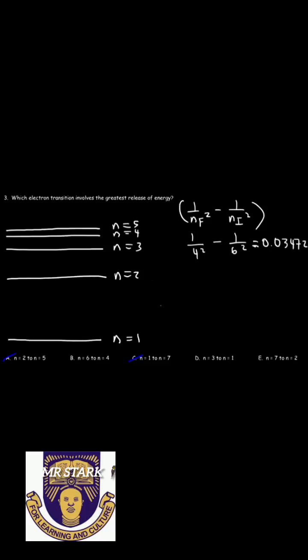Now let's do the same for answer choice D. It's going to be 1 over 1 squared minus 1 over 3 squared. This gives you 0.889, basically 0.8 repeating.